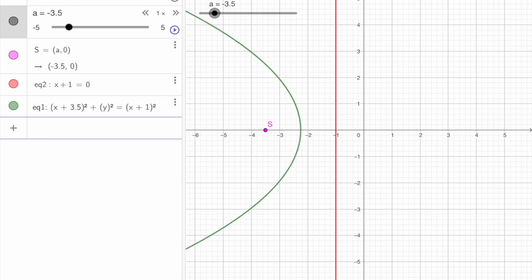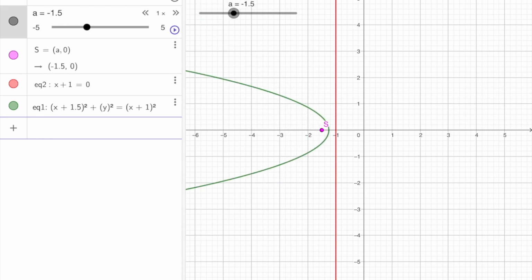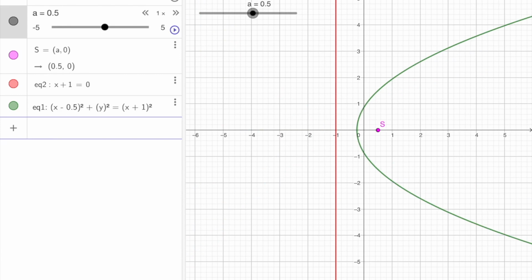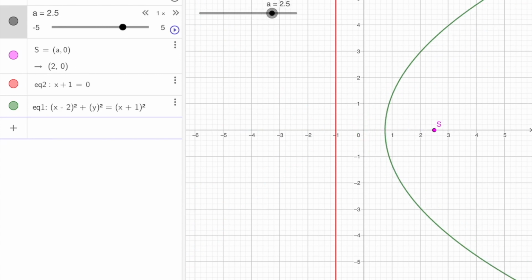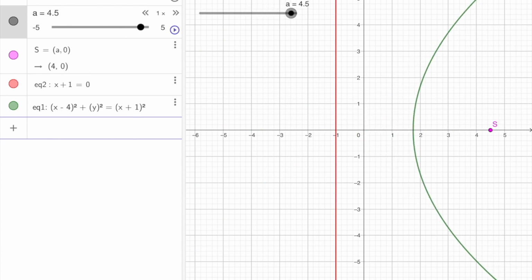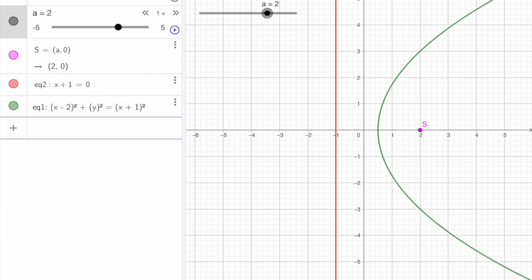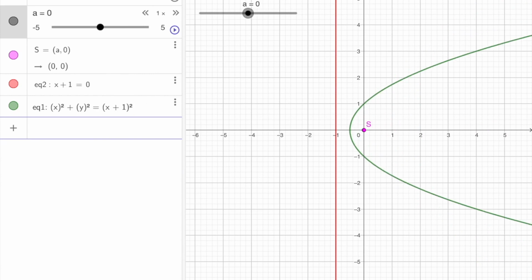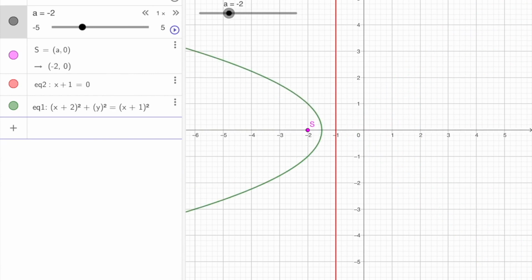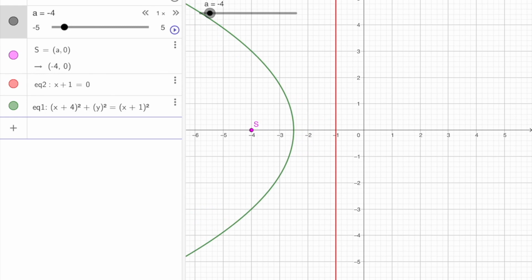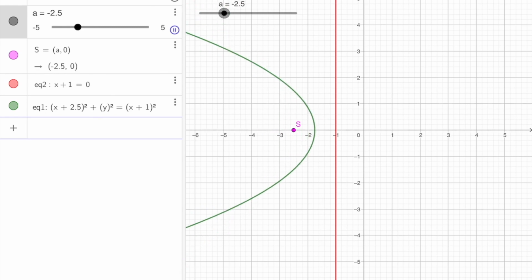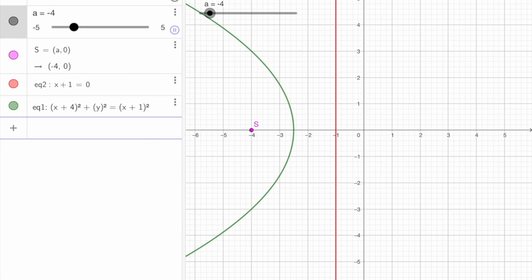So you are getting a parabola all the time except when S is sitting on the red line. That's when you are getting a straight line. That green curve is going to be a straight line, which is the x-axis. Let me take a equal to minus 1.